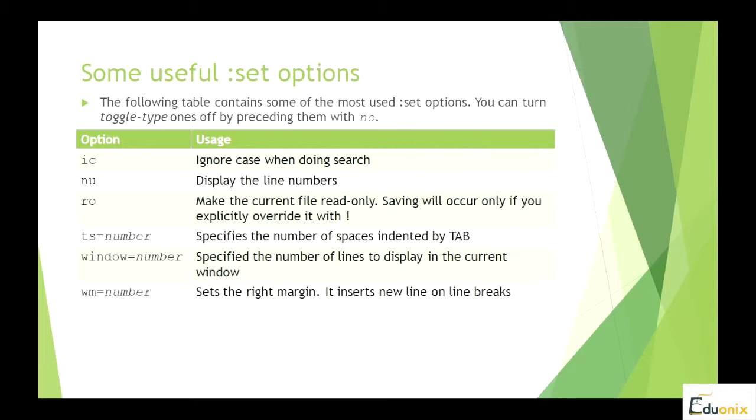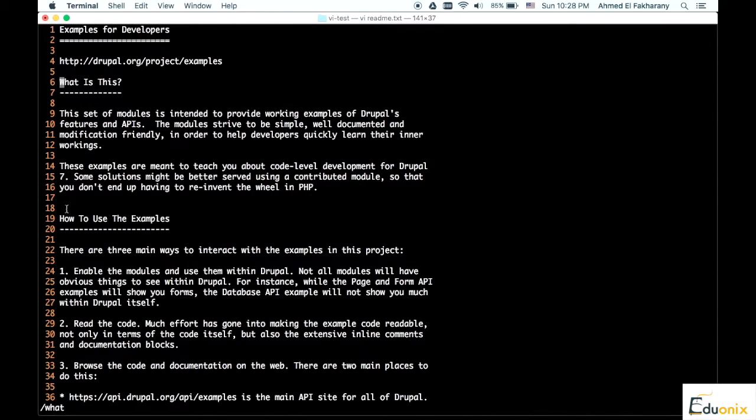But what if you want to make the file read-only only for a specific period of time? For example, I am now working with this file, and I am afraid that while navigating, I might make some unwanted changes. So I'm gonna set RO. This makes the file read only.